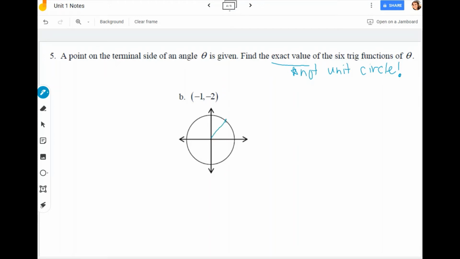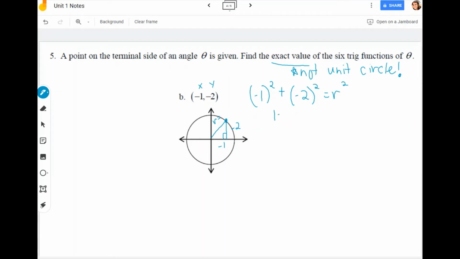Because if we draw, again, our right triangle here, well, I have my x and y, so -1 and -2, but we don't yet have this radius value. So we need to find that using our Pythagorean theorem. So -1 squared plus -2 squared is going to be that radius squared.